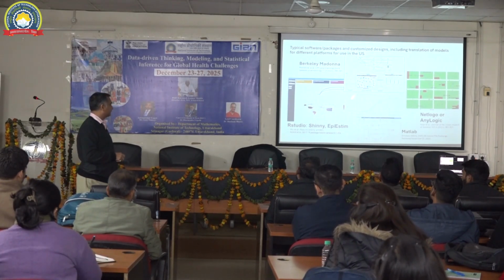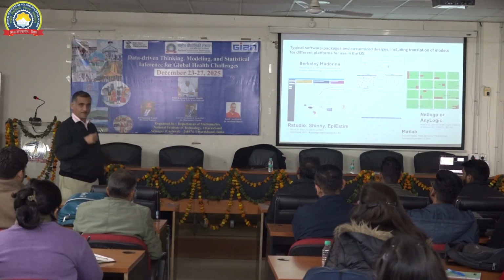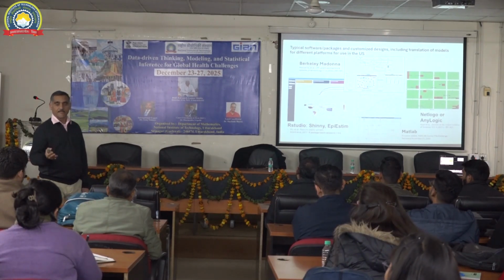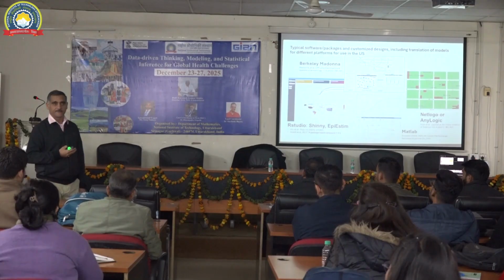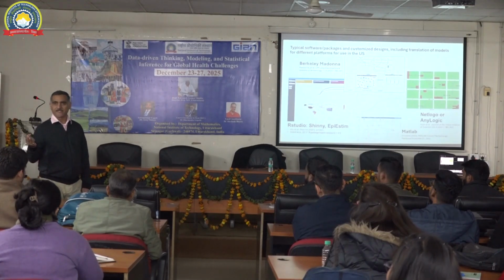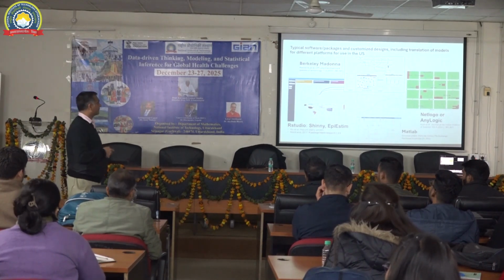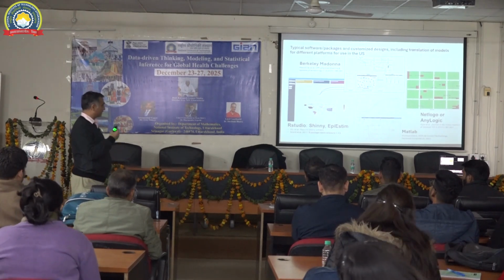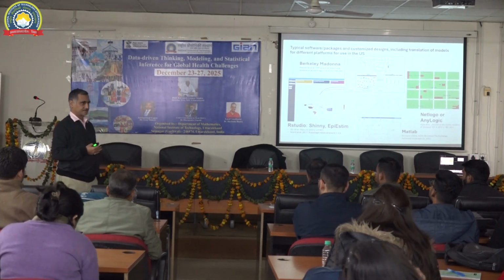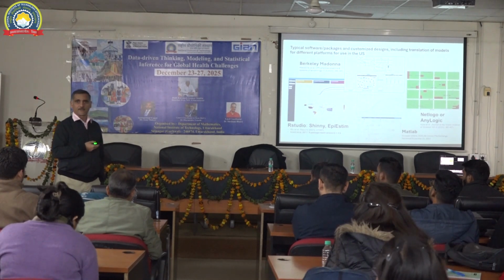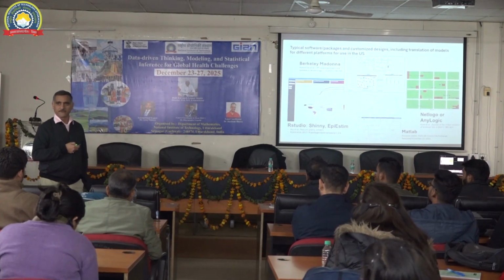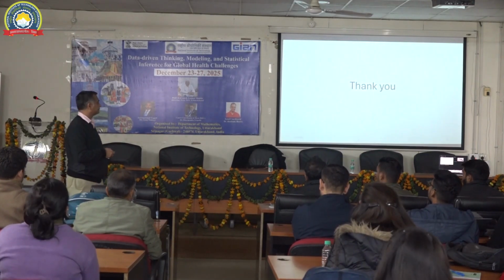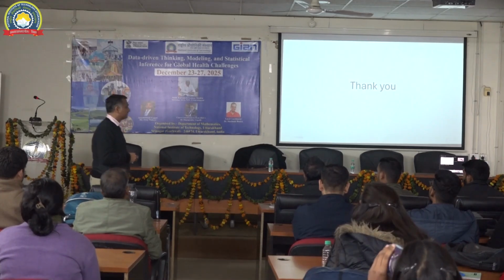And it is made in one of these softwares like Tableau, Power BI, R Shiny. Python also has something similar to that. But these are common ones. Now AI tools are also coming into the picture, but I don't know which ones you people are using nowadays. Okay, so this is this thing.